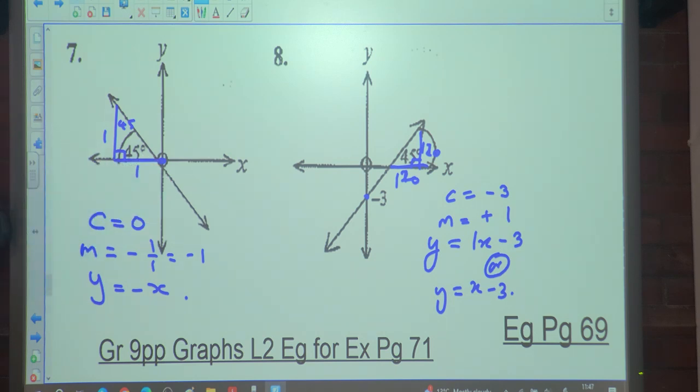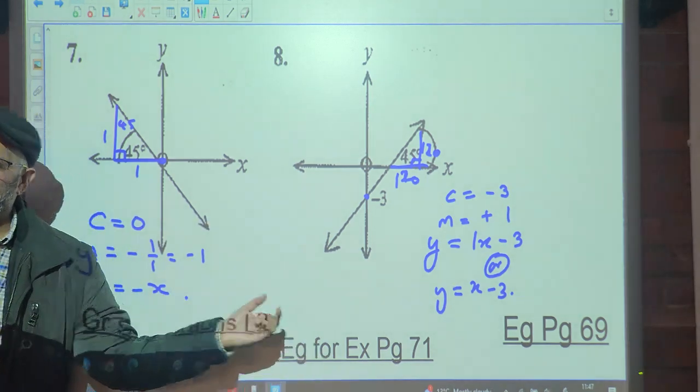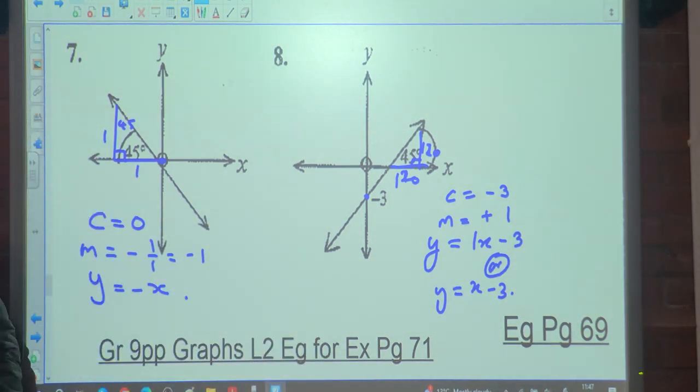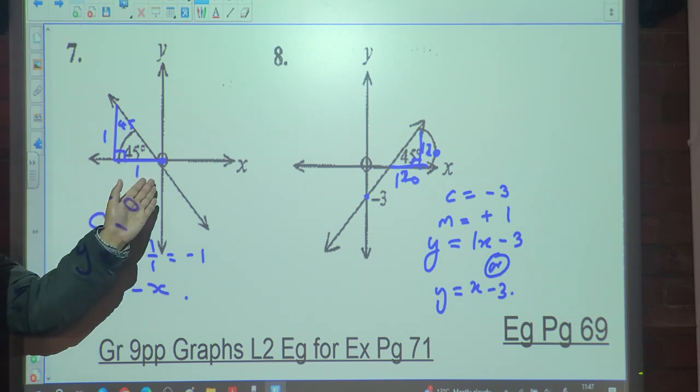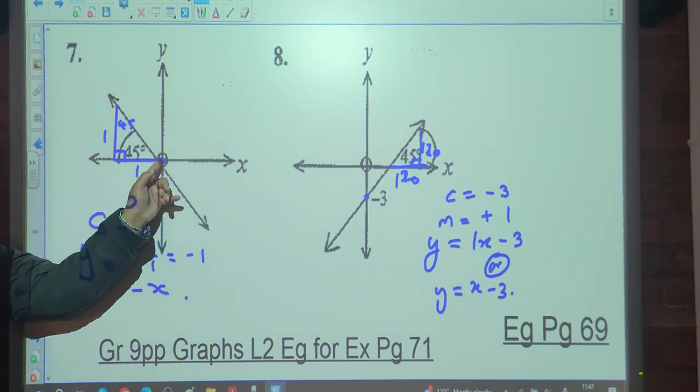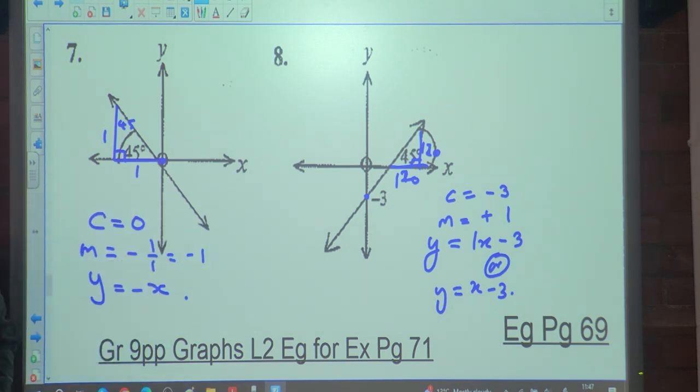Or they changed something else and the line moved down. But if there was any other C value, it would have been on this graph. Because there's no other point, I assume they were trying to get it going through the origin. Okay. Anything else?